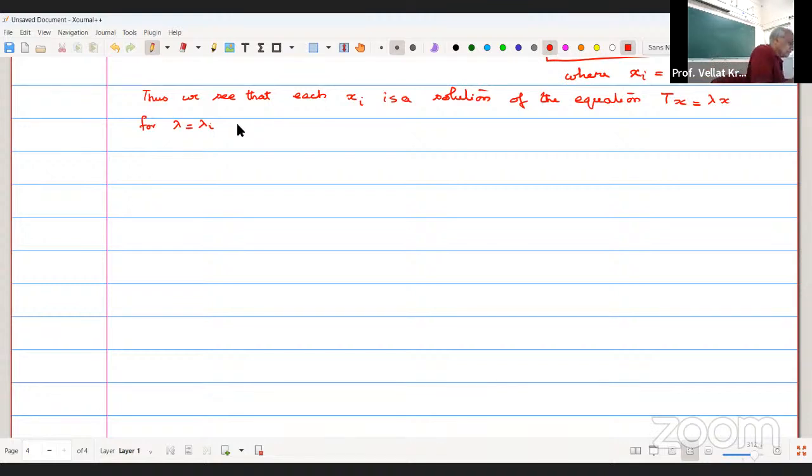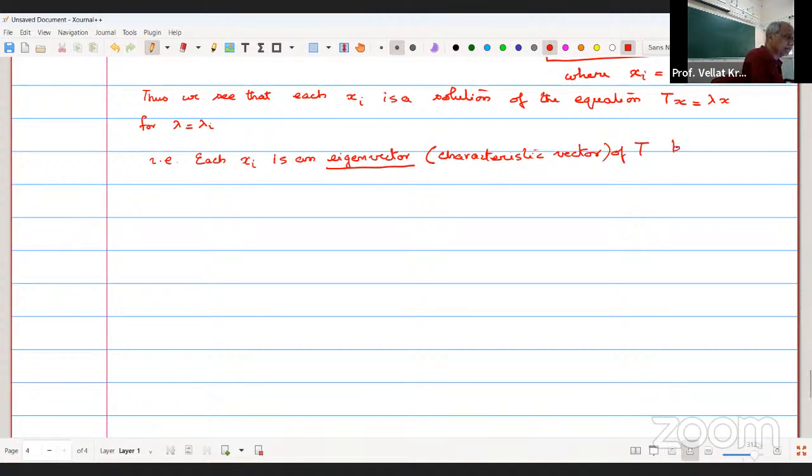What does it mean? That is, each xi is an eigenvector, or what you call a characteristic vector, belonging to the eigenvalue lambda i, one characteristic value.